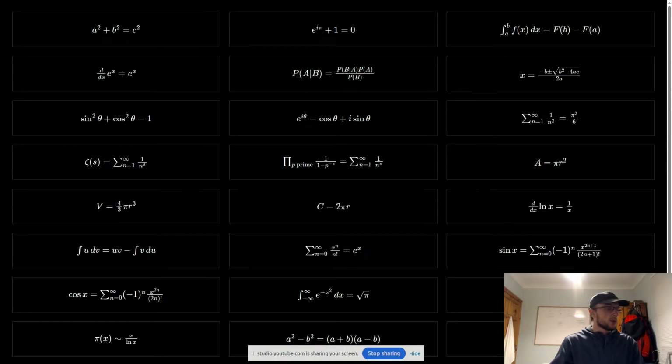Now, I want to read through some special products and factors. The first is the square of x plus y. That is x squared plus 2xy plus y squared.